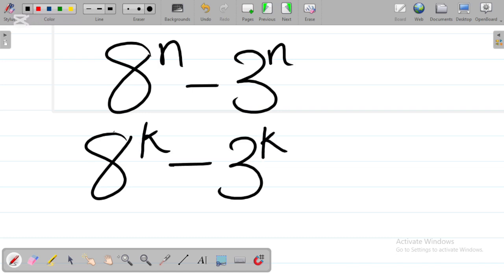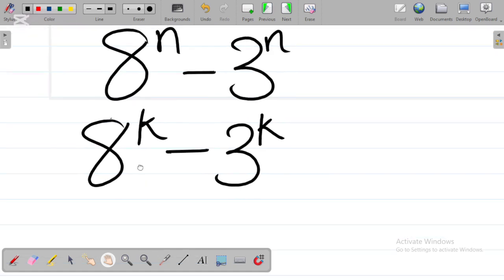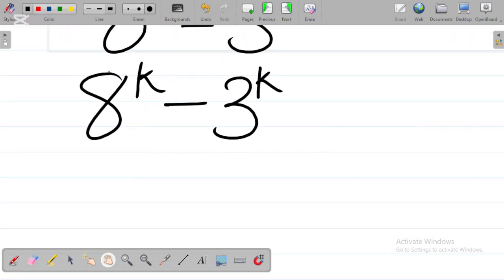Now, for this inductive hypothesis, take note of this. Remember, we are told that this equation should be divisible by 5. So you kindly divide by 5.